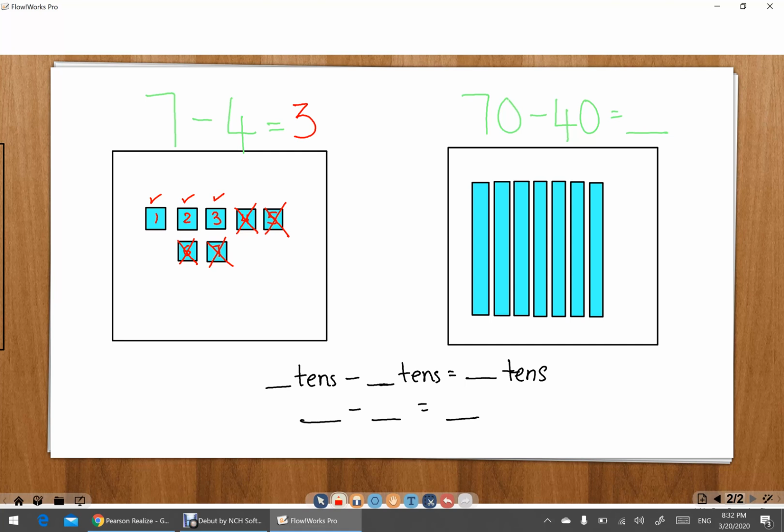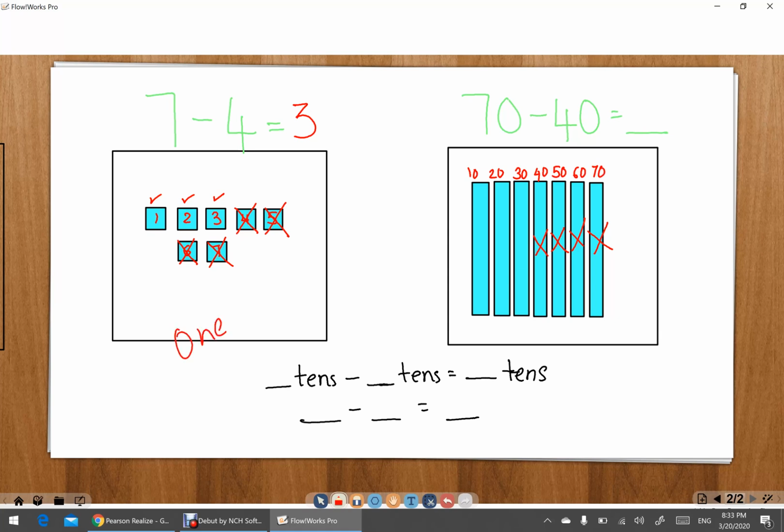Good job. Now, your right side, 70 minus 40. So from 70, I will take away 40. 1, 2, 3, 4. So here, we know that we count by tens, right? So we have here 10, 20, 30, 40, 50, 60, 70.